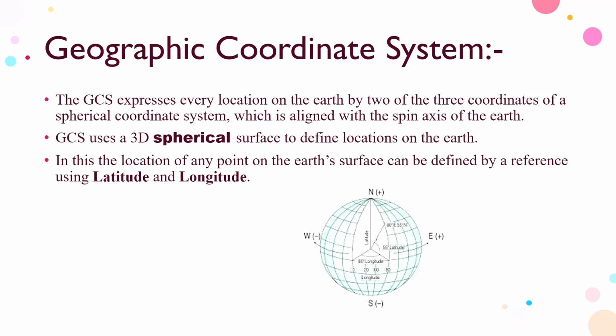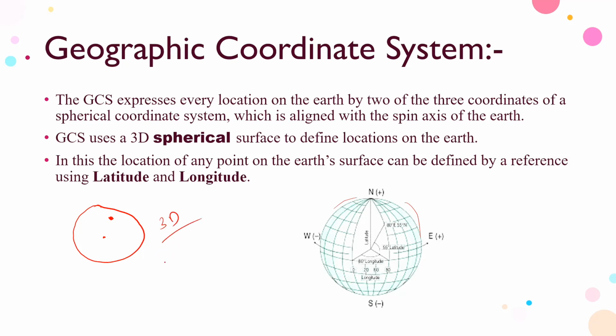Like, suppose this is a sphere, and you have to locate this point using the spherical coordinate system. How can we measure? For measuring that, we have to know about this spherical coordinate system or 3D coordinate system.